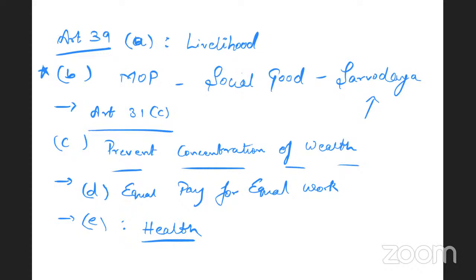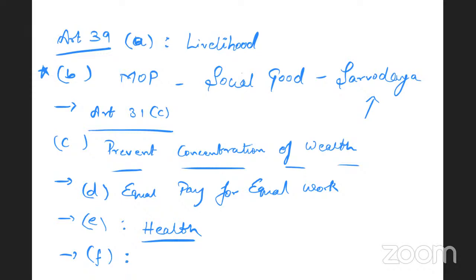So Article 39 consists of a lot of important ideals of Gandhi, liberal intellectual ideas. Then you have Article 39 Clause F. It can be said that Article 39 constitutes a lot of ideals which promote welfareism.